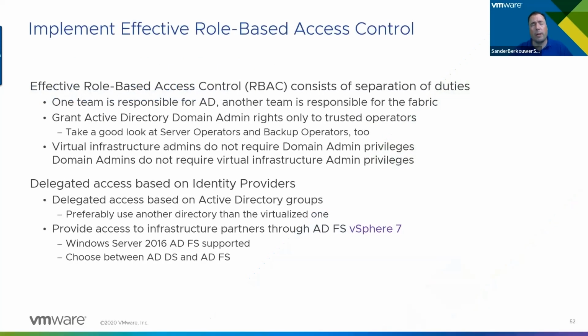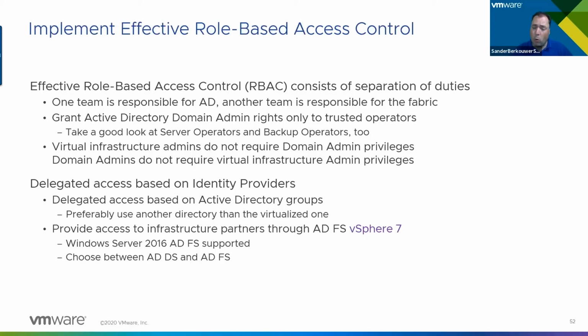One of the things that we hear as a common misnomer for going virtual with domain controllers is that there's a risk of privilege escalation. The only way to prevent these privilege escalations is through implementing effective role-based access control.